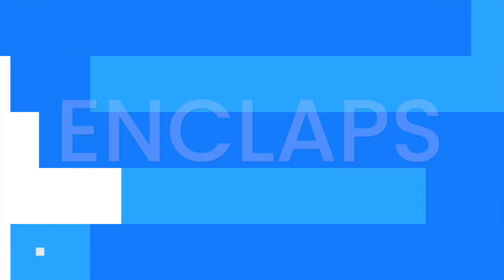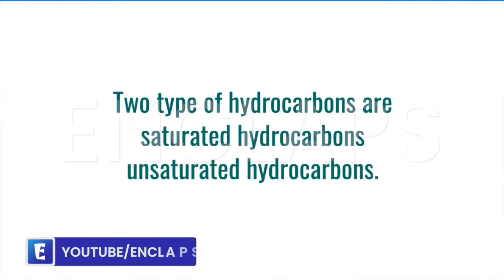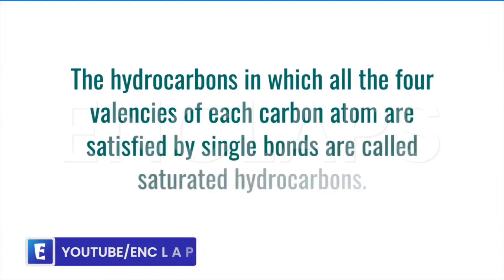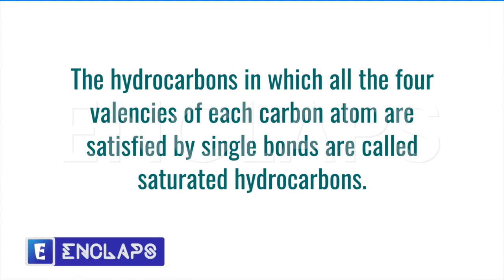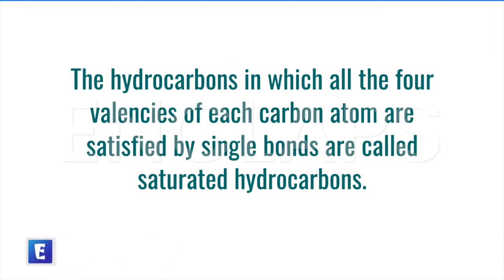Clear? Then tell me, which are the two types of hydrocarbons? The two types of hydrocarbons are saturated hydrocarbons and unsaturated hydrocarbons. Then what are saturated hydrocarbons? They are hydrocarbons that contain only single bond between carbon atoms.